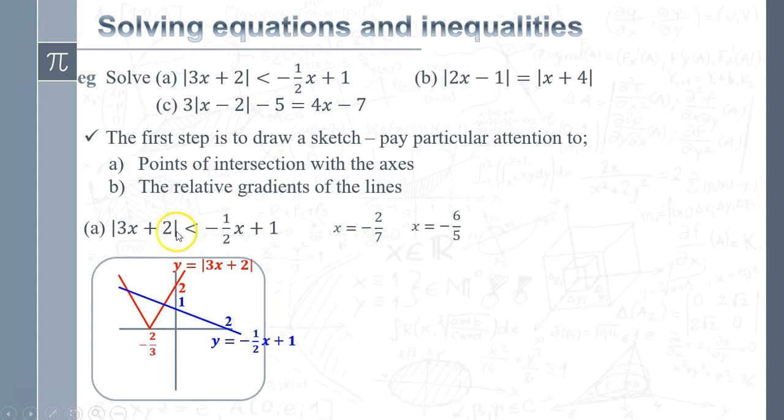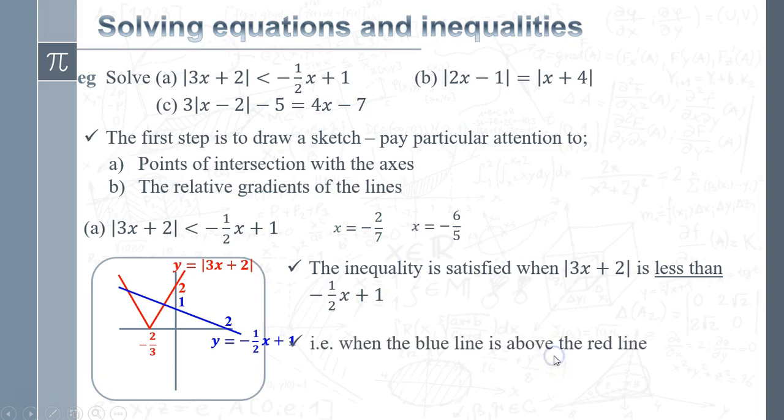We want to know where the modulus function is less than minus half x plus 1. So that's essentially when the blue line is above the red line. So we've got to be in between our two values. So that tells us our inequality, or our range of solutions, is x is greater than minus 6/5 and less than minus 2/7. So there we go.